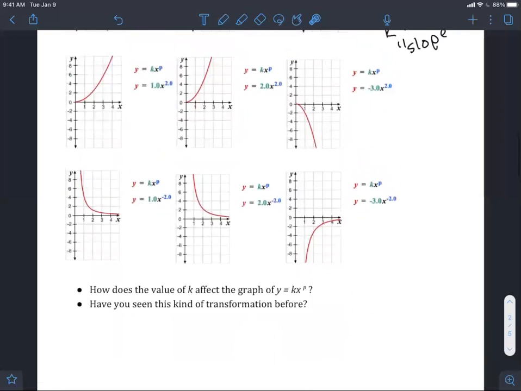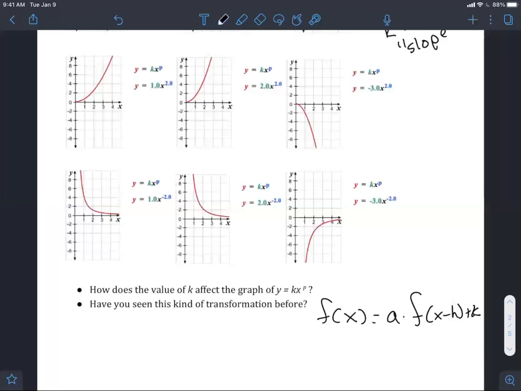So to wrap this up, how does the value of k affect the graph? It is essentially the slope. You've seen this transformation before in terms of the slope of a function when we spent a lot of last year talking about vertex form, and we had that general f of x equals a times the function of x minus h, plus k, where we saw these in the x squared graphs, square root graphs and cubic graphs, and the whole a and k thing came up a lot last year.